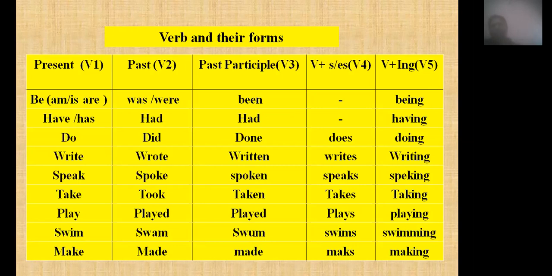This way you have to memorize your verbs, so you can understand as a student of class 9 or 10 or 11 or 12 how many verbs you have to learn. Guess and think yourself.